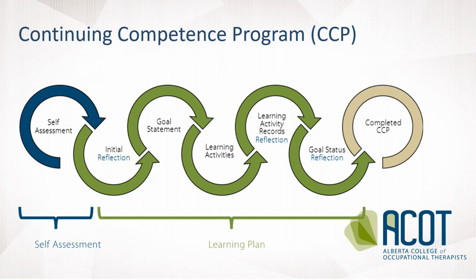And then you will need to complete these 4 components for renewal for next year. These learning activity records, reflection, and goal status reflection will be done throughout next year, building on top of those 4 that you already completed.